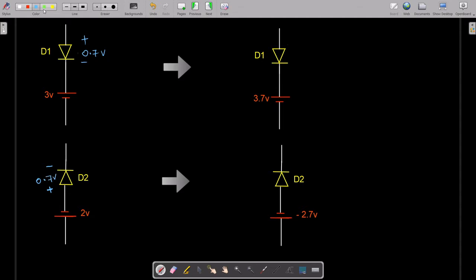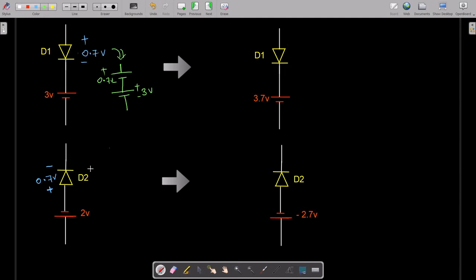So rather than writing 0.7 volts in this way, I can write it in this way, and I will assume that this voltage is connected in series with 0.7 volts, and that's why they get added. This is plus minus 3 volts and this is plus minus 0.7 volts. So you can assume that this 0.7 volts is extracted from D1.